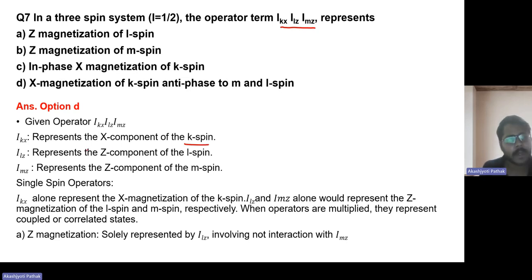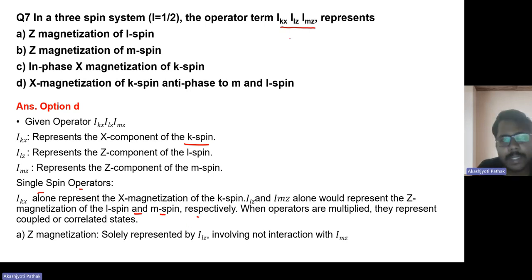ILZ represents the Z component of the I spin, and IMZ represents the Z component of the M spin. These are single spin operators. IKX alone represents the X magnetization of the K spin, and ILZ and IMZ alone would represent the Z magnetization of the I spin and M spin respectively.